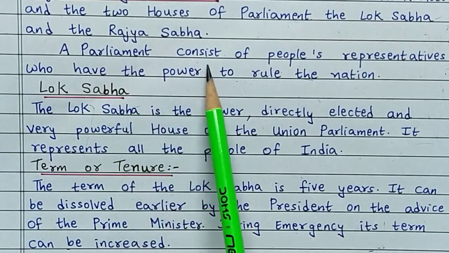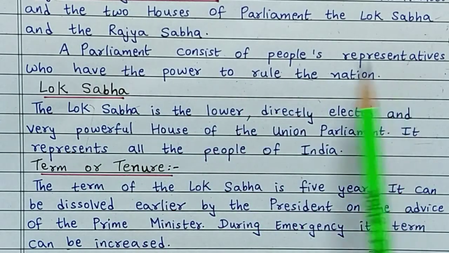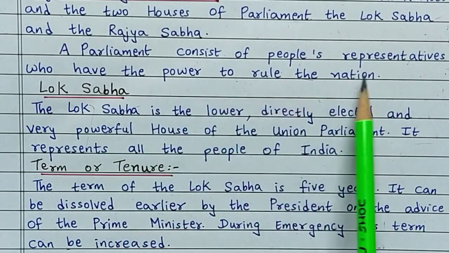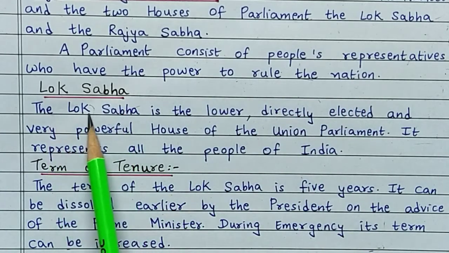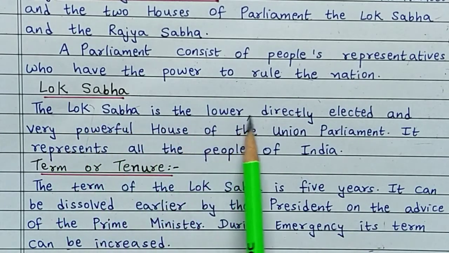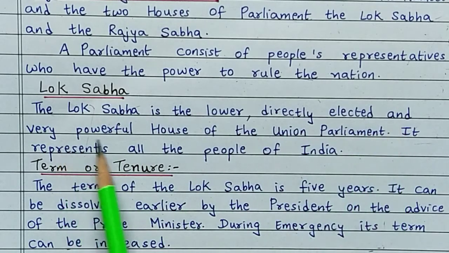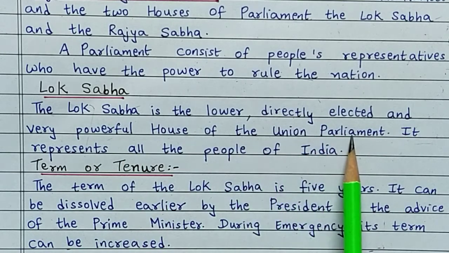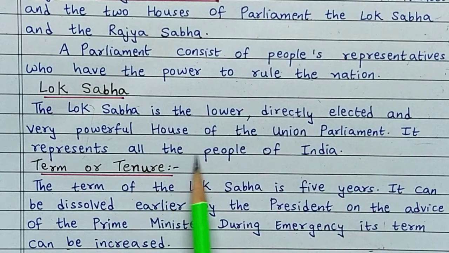A parliament consists of people's representatives who have the power to rule the nation. Lok Sabha. The Lok Sabha is the lower, directly elected and very powerful house of the Union Parliament. It represents all the people of India.